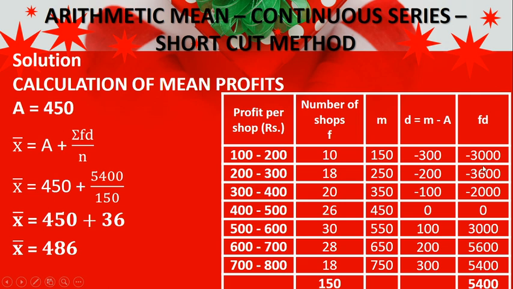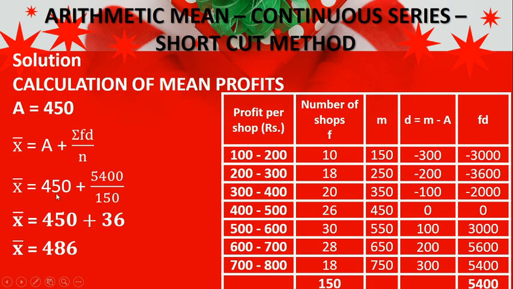The total of FD is needed: minus 3000, minus 3600, minus 2000, plus 3000, plus 5600, plus 5400. Your final total is 5400. So taking back to the formula, X bar is equal to A plus sigma FD by N.